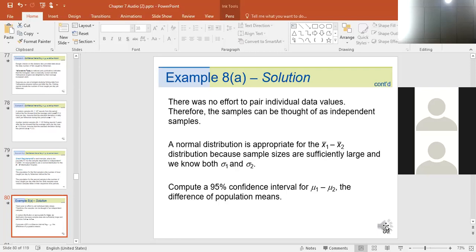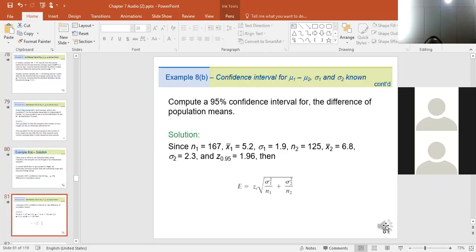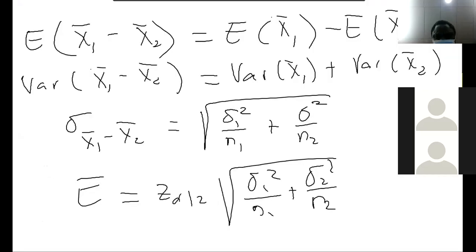We will use the calculator. So are we ready with our calculator? On the PowerPoint, you will see how to do it manually without a programmable calculator. So we go to test. You know how to go to test, right?